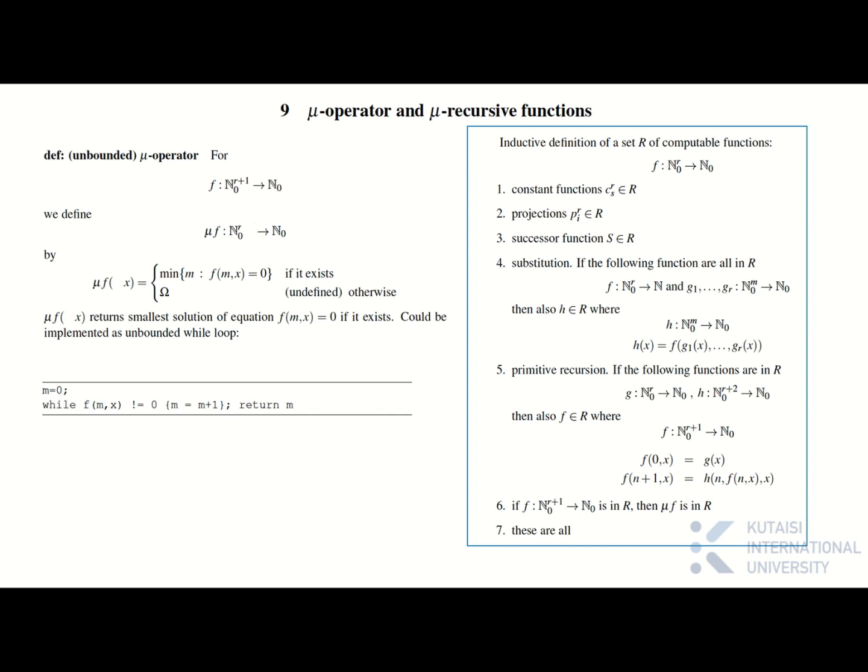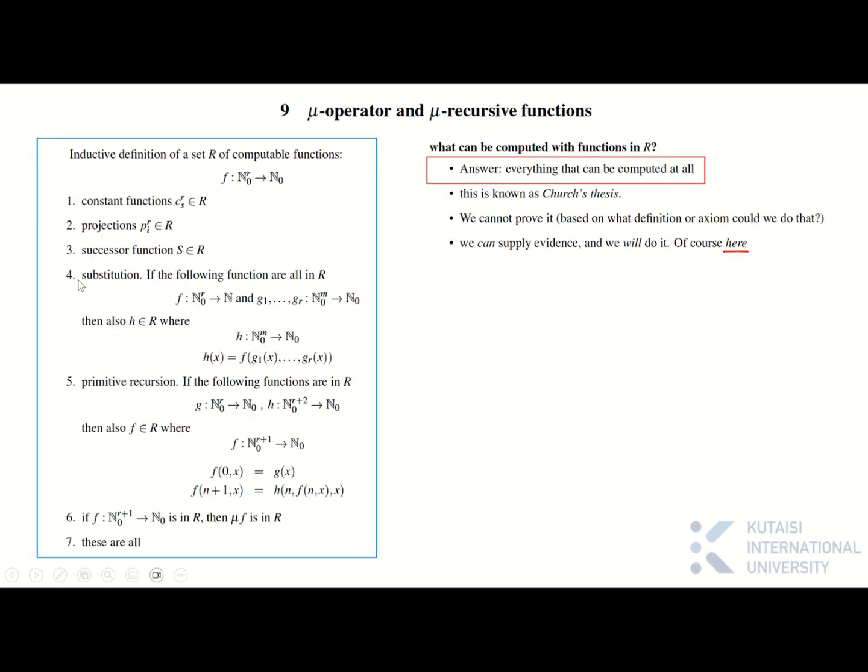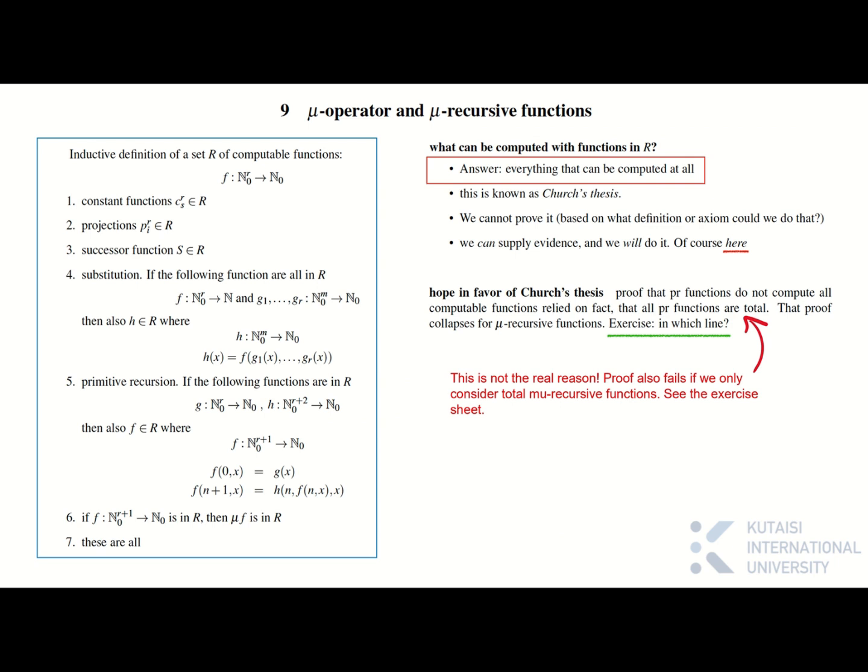Now, we had a proof before that not every primitive recursive function is computable. The same exact proof fails if you also have mu-recursive functions. And it's a very hard and good exercise to try to prove that there exists a computable function that is not mu-recursive, and see why the same proof does not work.